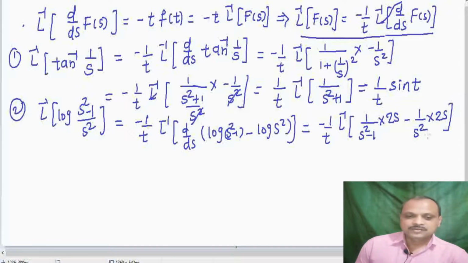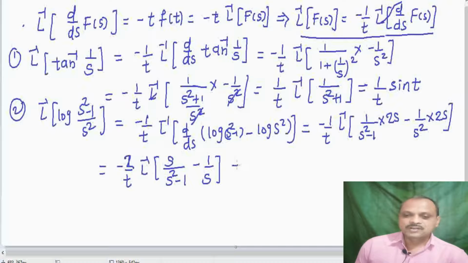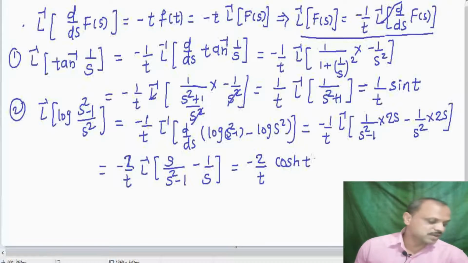We can take 2 common, equal to minus 1 divided by t into L inverse of, 2 common, s divided by s square minus 1 minus 1 divided by s. So minus 2 divided by t into, this is the standard formula, which is cos hyperbolic of t, and this is minus 1.